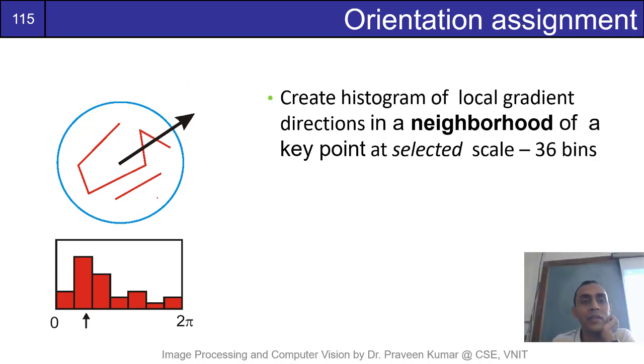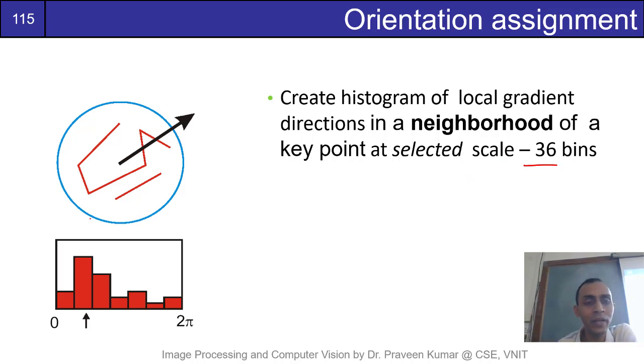In that patch, different locations may have different gradient directions. So we can distribute them in a histogram from 0 to 360 degrees, and we can create a certain number of bins. They have actually selected 36 bins. How they selected this, we will see later by experimentation.